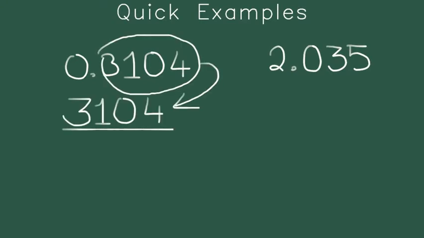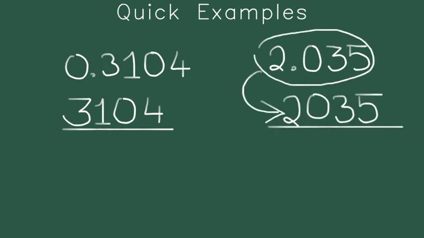The reason being because the 0 on the left hand side does not have an actual value, okay? So we do the same thing on the right hand side, and we get 2035, okay?